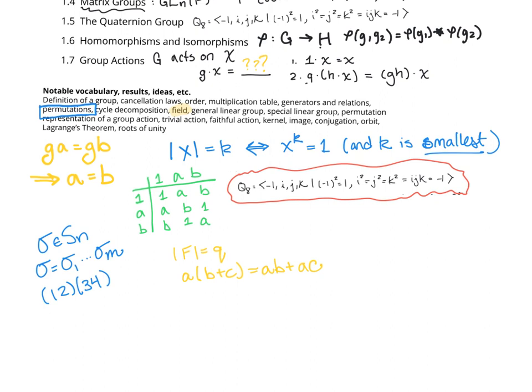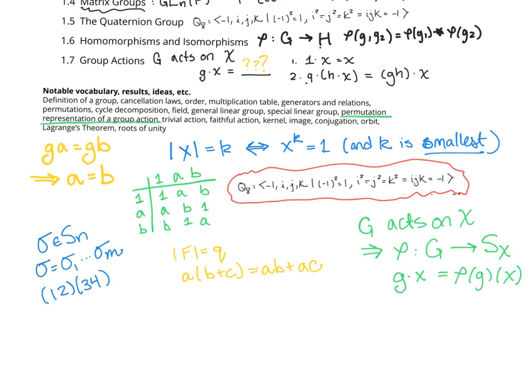We can do permutation representations of a group action. Oof, there's a little bit more going on there, right? But at an intuitive level, that's just the idea that when a group acts on a set, it induces a permutation of the elements of the set. You say, oh, this element of my group takes something in my set and sends it to something else in my set.